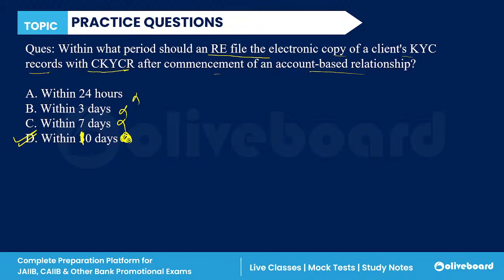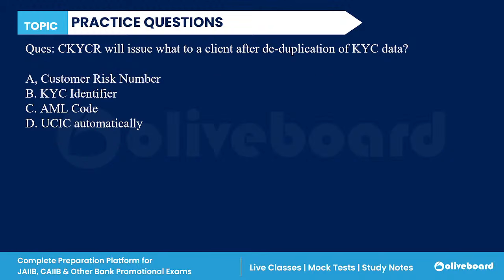Okay. Now, next. Central KYC Record Registry issues what to a client after deduplication of KYC data? Customer risk number, KYC identifier, AML code, or UCIC automatically? Everyone, very simple.